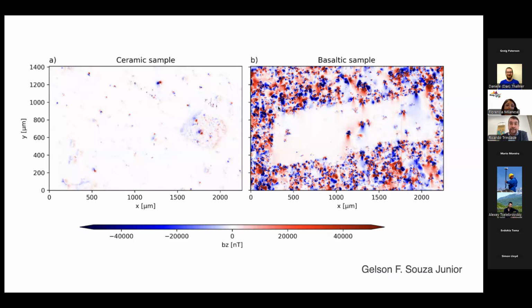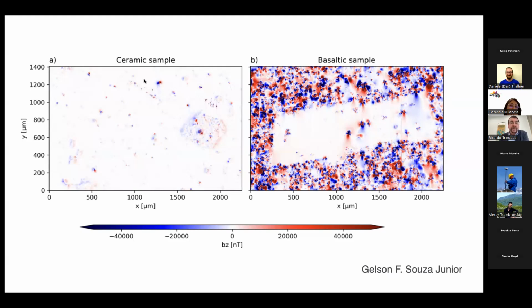And on the right-hand side, I have a basaltic sample showing a phenocryst in the middle of the image with ferromagnetic inclusions in it. So we have the matrix with lots of anomalies related to different magnetic grains, but also in the center of the image, we have this phenocryst with some inclusions also showing some magnetic signal.